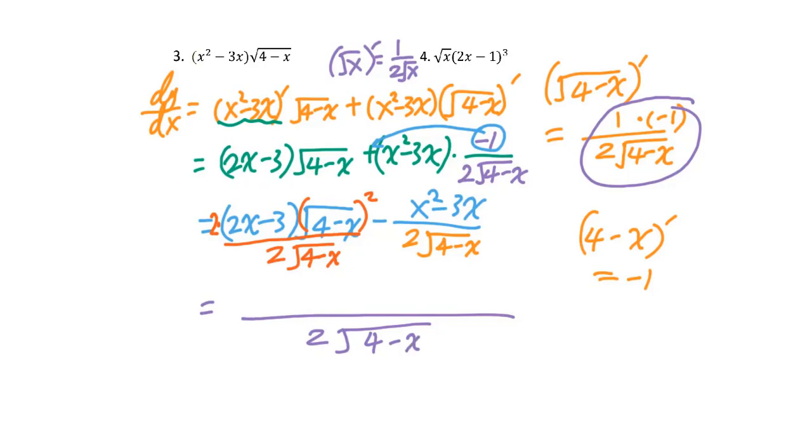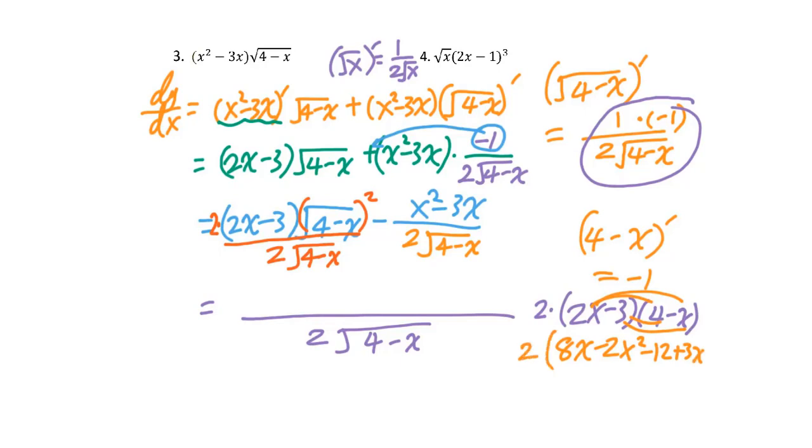For 2x minus 3, let's do it over here. You multiply by 4 minus x. Later on, you will multiply by this 2. Therefore, we do the FOIL here. You will get 8x minus 2x squared minus 12 plus 3x.